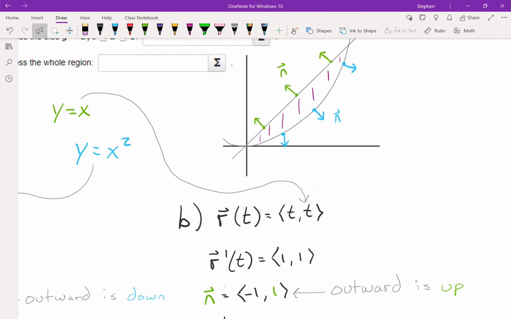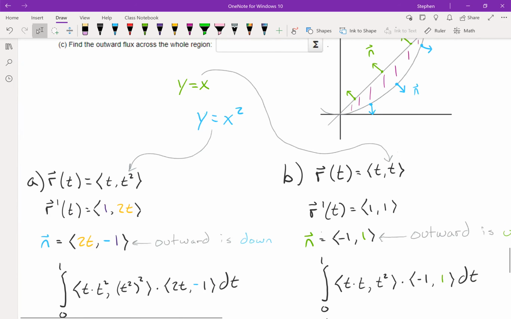For the green normal vectors, again, we still want the outward flux. For those green vectors, the outward orientation is up. Again, up and down means that we're only really looking at the y component of these normal vectors, so I want a positive y value in the normal vector. So I'm going to assign the negative to the x value instead of the y value. So my normal vector n, that green n, will be negative 1 comma 1.